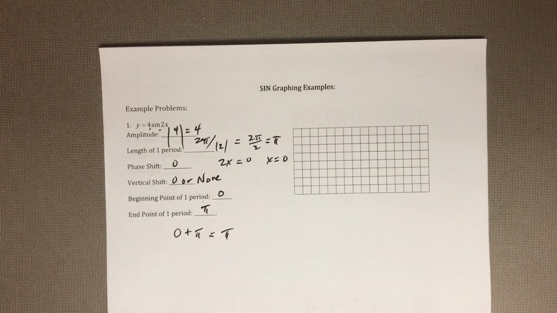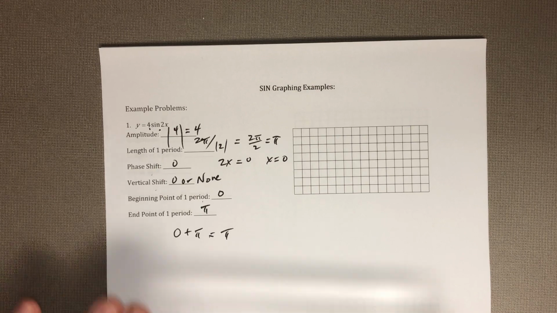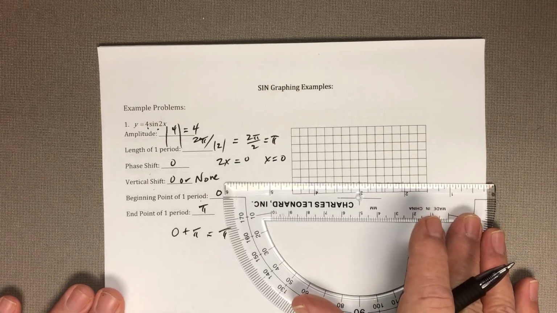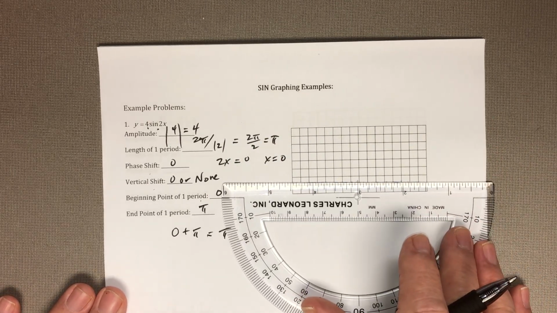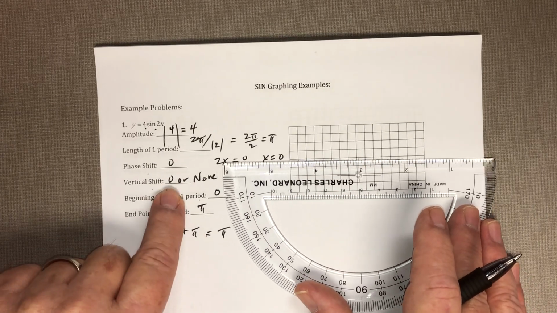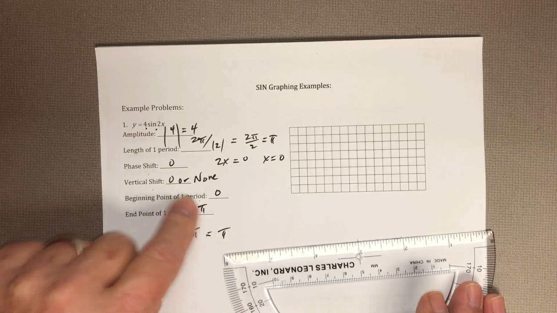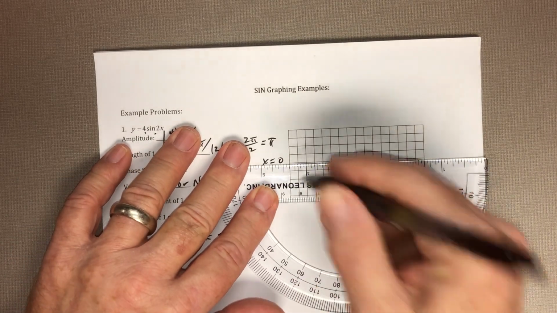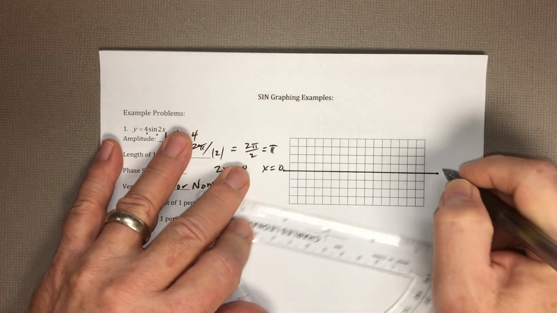Now, I like to make my graph stretch all the way across my coordinate system. The first thing I would ask is, is there a vertical shift up or down? Because if there is, I would take care of my x-axis that way first. There is no vertical shift, so I'm just going to put my x-axis right through the center here.